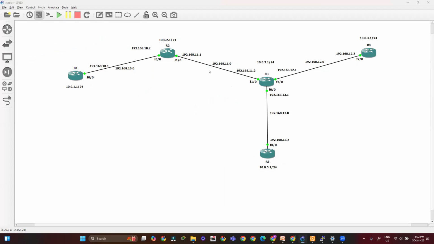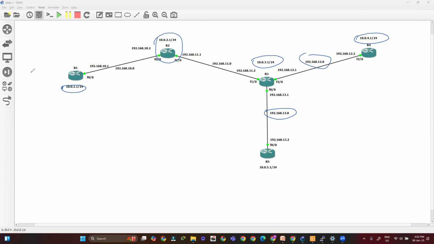For router number two, what are the indirectly connected networks? R1 has 10.0.1.1, so this one is an indirectly connected network, and these are also indirectly connected networks, and 10.0.4.1 is also an indirectly connected network.